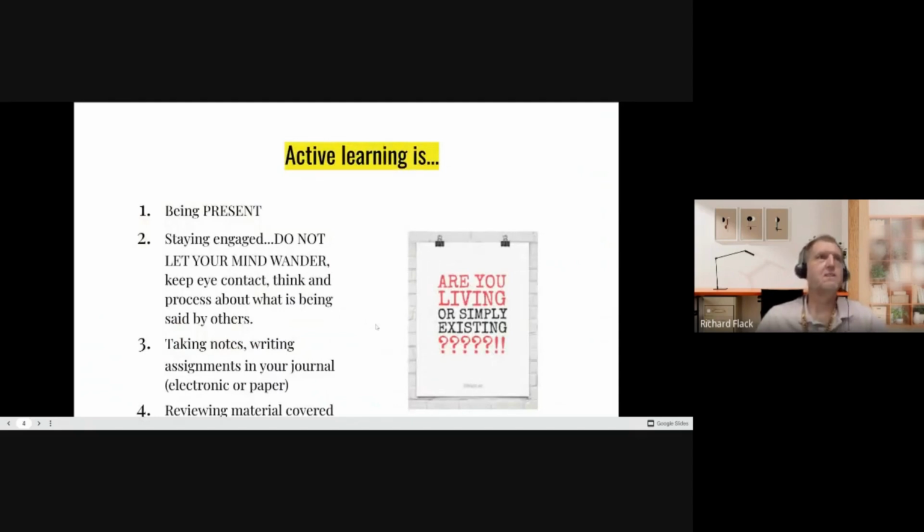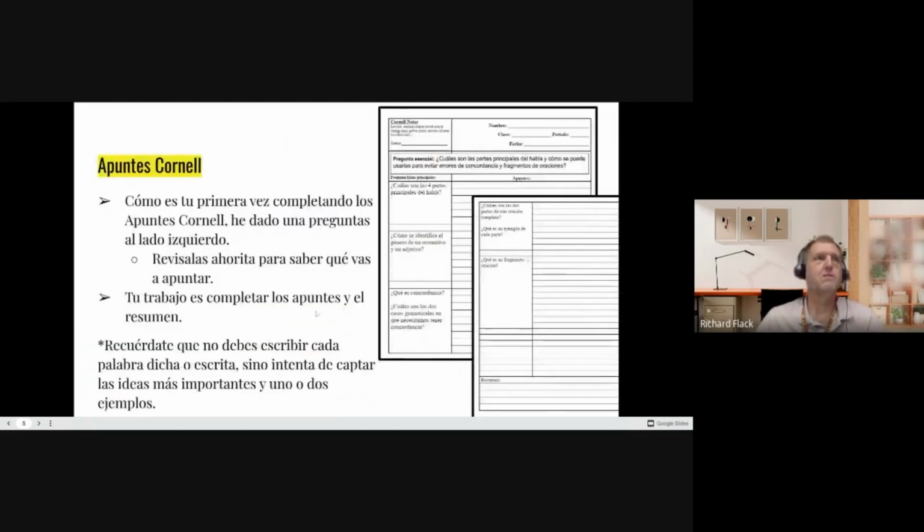Remember, active learning is being present. Stay engaged, take notes, and review your material. We are going to do Cornell notes. So Cornell notes is a way of capturing notes on a lecture or video like this, anything where you're in class.